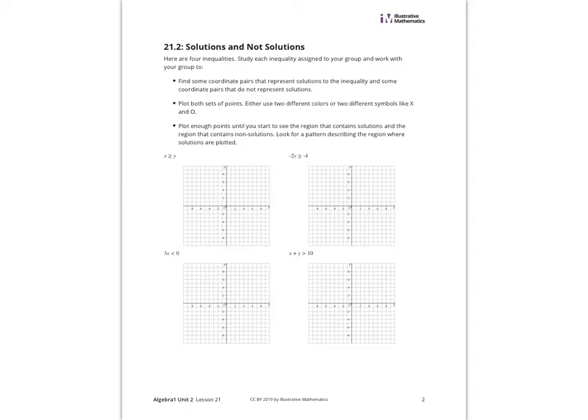And also make sure you plot enough points that you start to see the region that contains solutions and the region that does not. Make sure you're looking for patterns describing the region where the solutions are plotted. So I'm going to go ahead and fill these graphs in and show you what the pictures would look like.